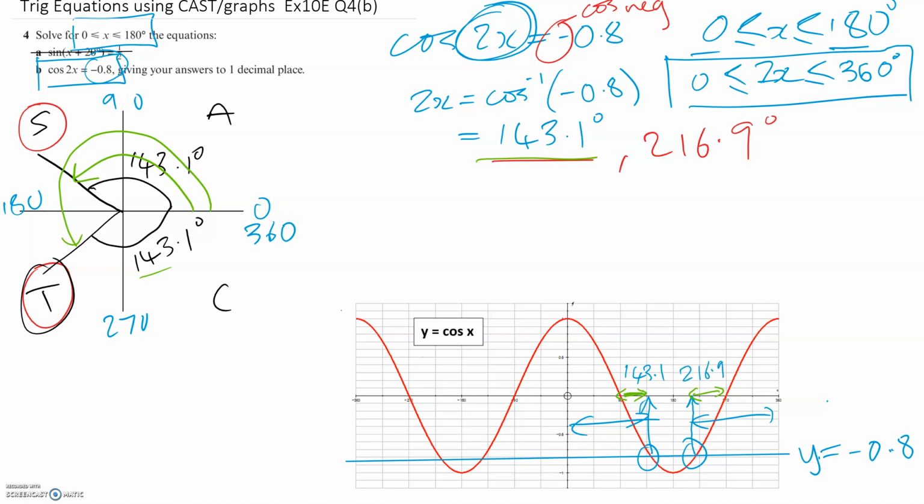and that gave me this value of 216.9. If we wanted negative values, which we don't in this question, there would be one over here and one over here, and again these green distances would be the same. I'm not drawing this particularly well, but all these green distances would be the same. So anyway, if you're struggling with the cast diagram and you don't like general solutions, then you can always use the graphs.